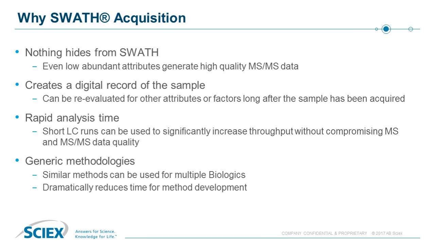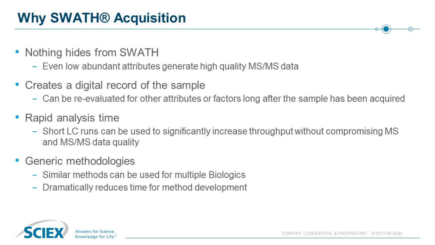So why am I talking about swath versus the traditional data-dependent acquisition for peptide mapping? Because simply, nothing hides from swath. Unlike data-dependent acquisition, where you set limits and thresholds, swath acquires TOF-MS data and MSMS data across the entire mass range of interest. This creates a digital record then, which can be interrogated long after the sample has been acquired.